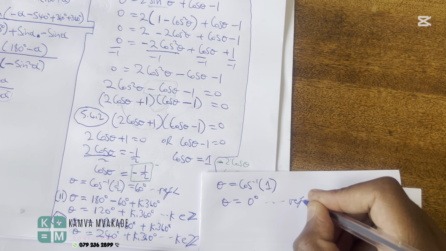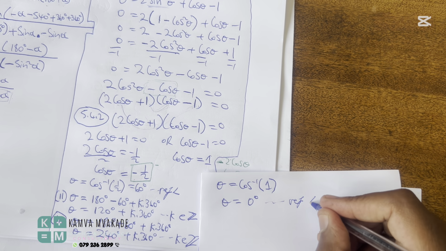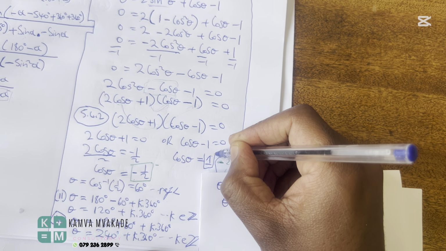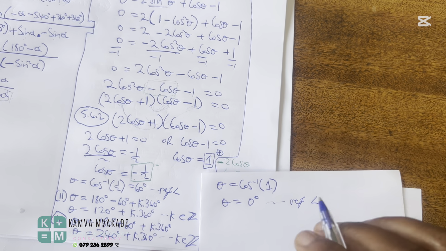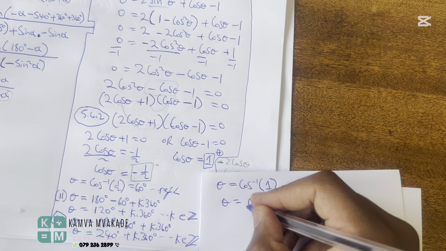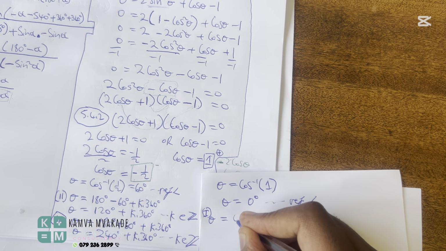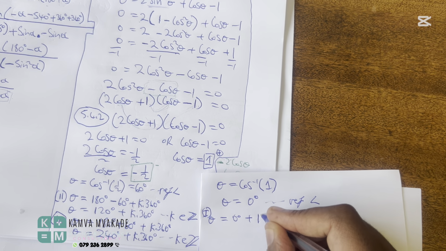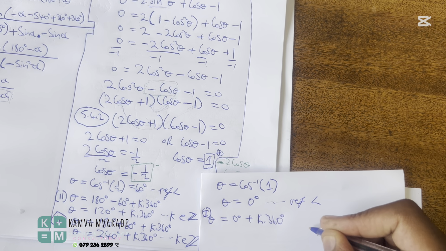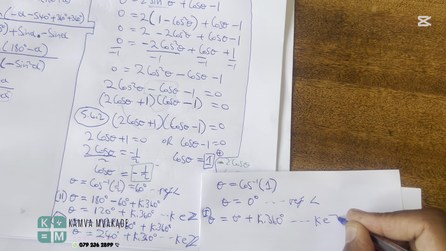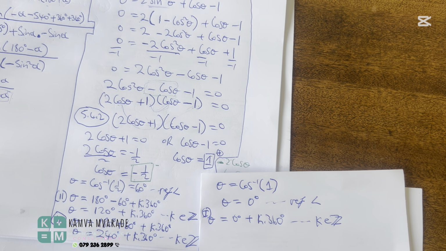This is going to be our reference angle. So this theta, it's positive. It is positive in quadrant number 1. Quadrant number 1, we just drop it like that. In quadrant number 1, theta is 0 plus k 360 degrees. And then we say k is an element of integers.